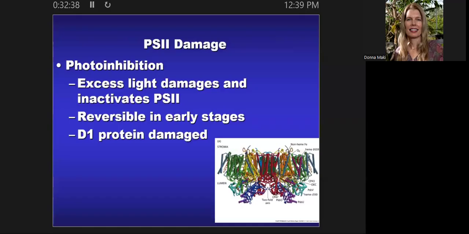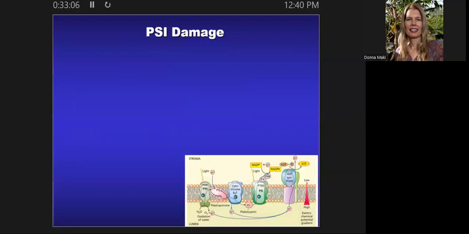They can actually show that the D1 will get damaged first, but if it's a low enough damage, the plant will actually take out the damaged D1 protein, make a new one, and stick the new one in place. So it can cut and paste and try to repair that. But in lab experiments, if they keep bombarding that photosystem 2 with just too much light energy, and they keep doing that, then it's permanent.